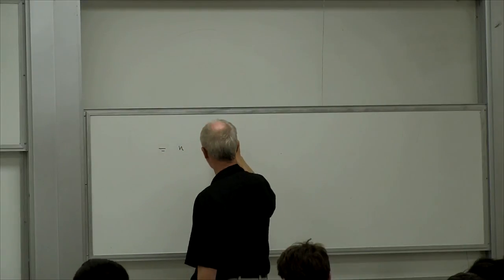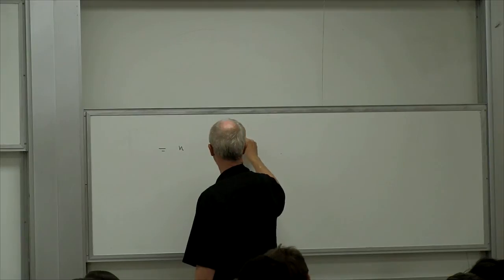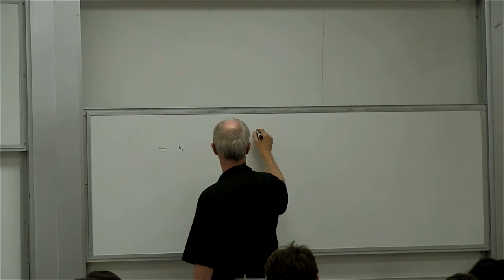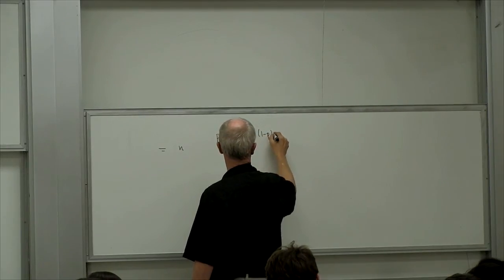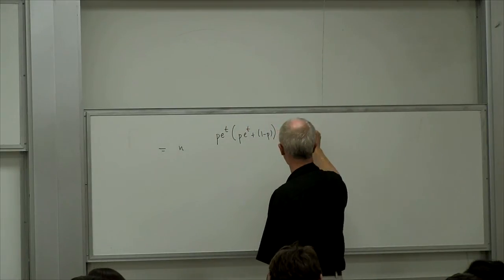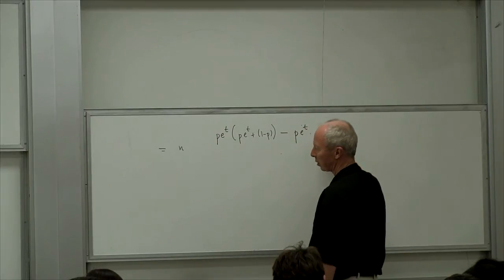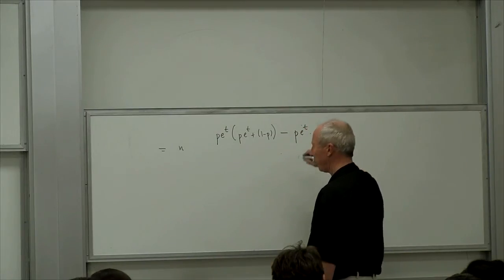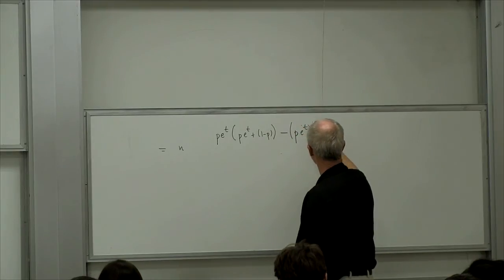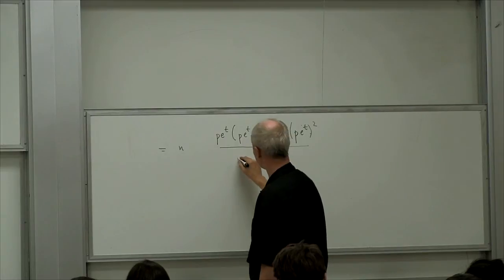And then in the numerator, I get p e to the t when I differentiate that. And then I have to multiply by the denominator. And then I take the numerator minus the numerator times the derivative of the denominator. But the derivative of the denominator is p e to the t, so I get this thing squared. And then I divide by the denominator squared.